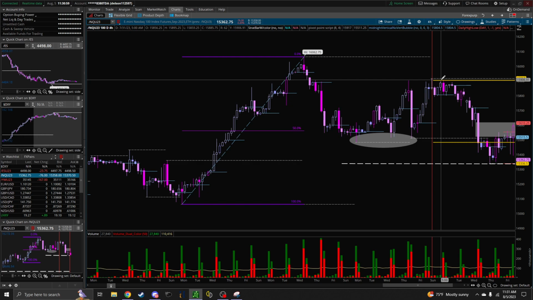When you're able to combine multiple things like that together, and they're all pointing in the direction that you want to be shorting, you have a very, very high chance that that's what is going to end up happening.